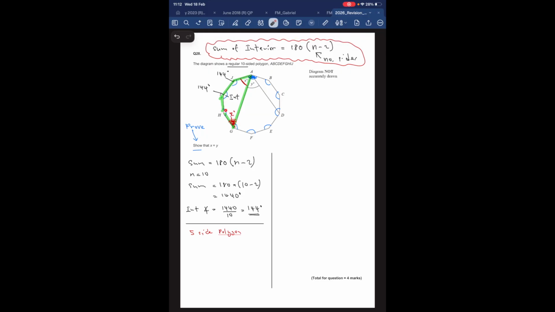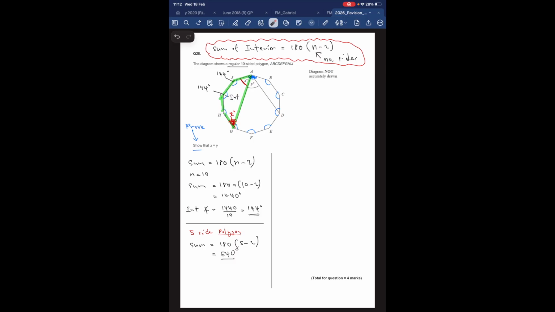If I apply the same formula as above, the sum of the interior angles will be 180 times 5 minus 2. If you work that out, you get 540 degrees. So all the angles in that green polygon have to add up to 540 degrees.